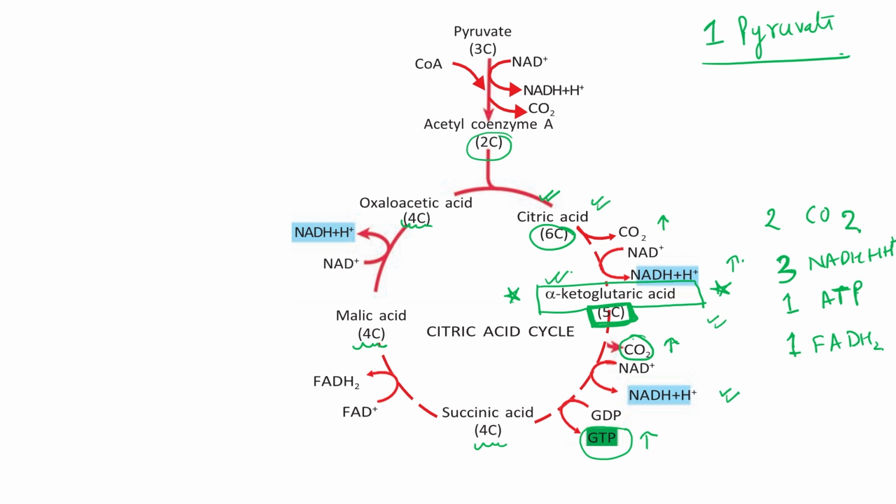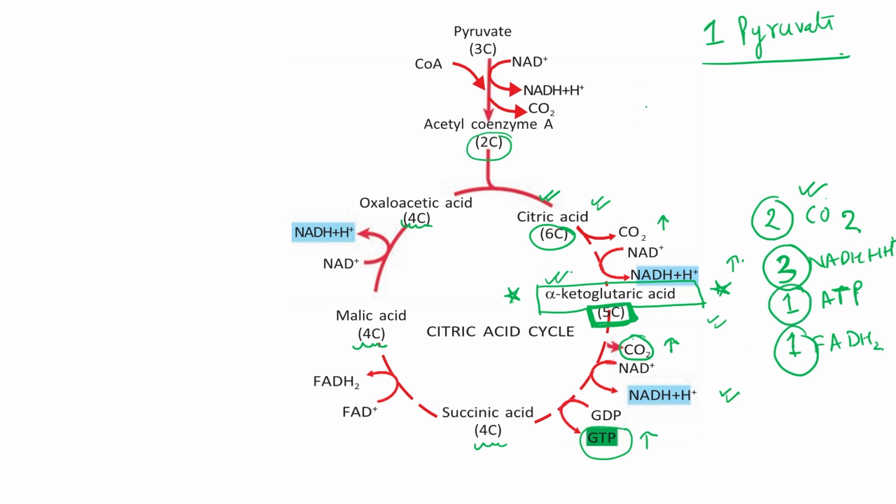Clear? So this is the whole cycle, and in this whole cycle, removal of 2 molecules of carbon dioxide occurs, production of 3 molecules of NADH, production of 1 molecule of FADH2, and production of 1 molecule of ATP occurs.